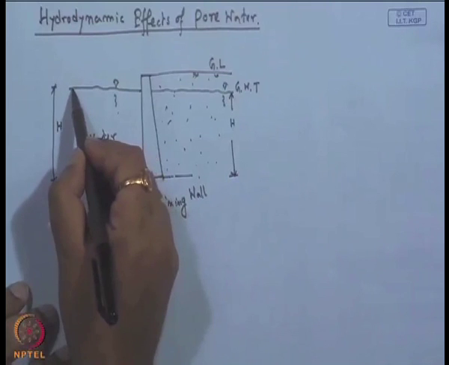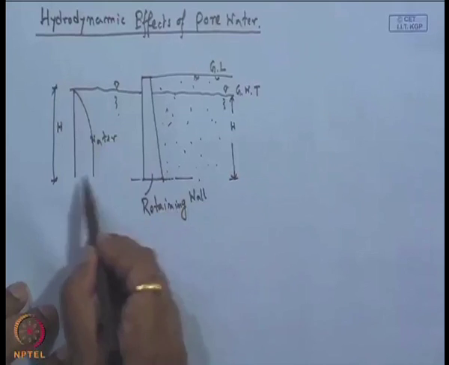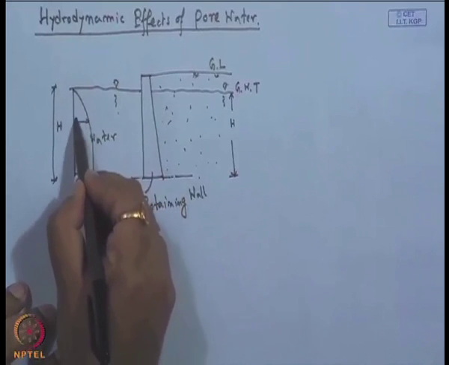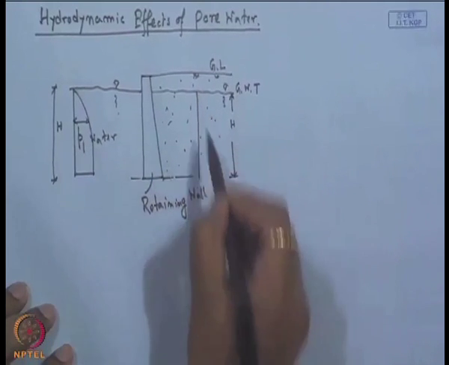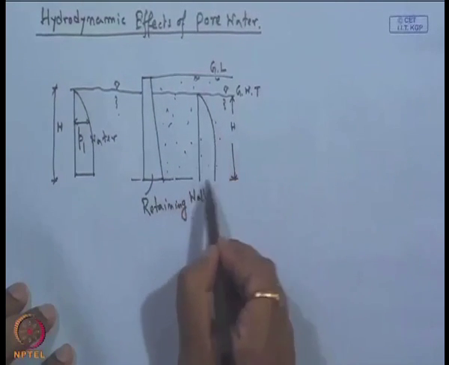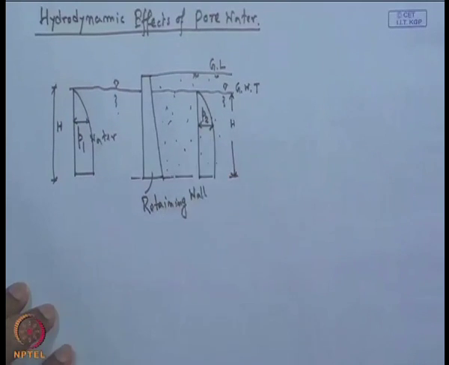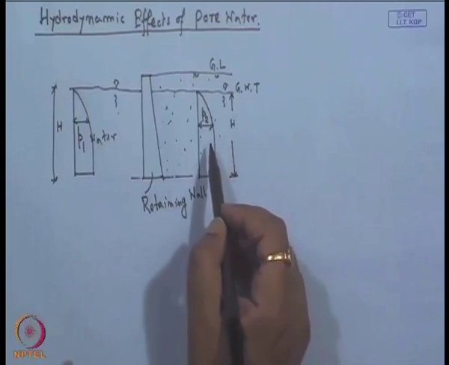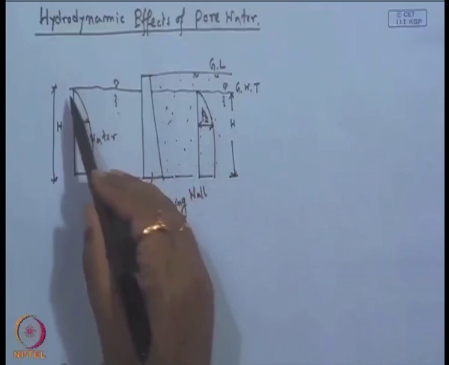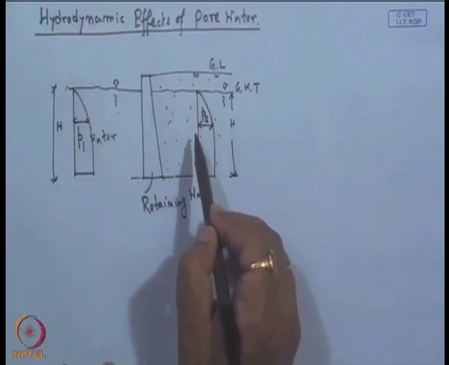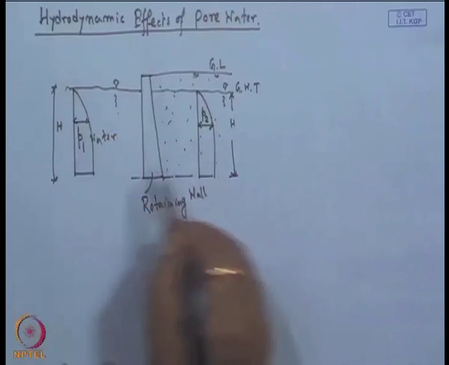So, as I have discussed, if I consider that this is the variation and this variation is P1, similarly, we will get another variation here, that is P2. As shown, these two conditions are different, because in one it is free water which is moving, and here the water is within the soil pores. So, here we consider the same variation, but the values are different.